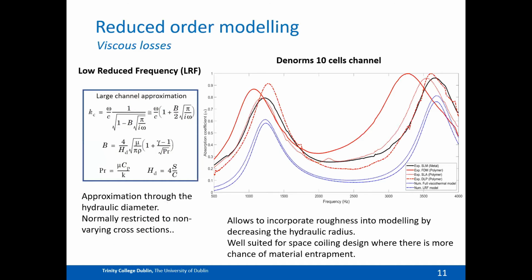In order to realize low-cost design tools for metal material, it's necessary to avoid the expensive full viscothermal formulation. So there was a small, simple reduced frequency model based on a wide duct. Even though it's usually restricted to non-varying cross-section, it still works quite well.